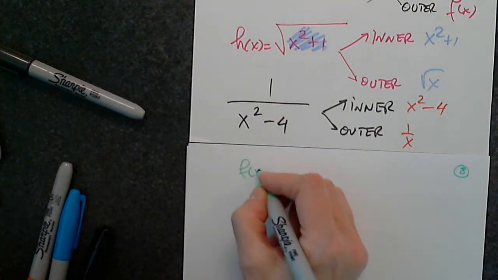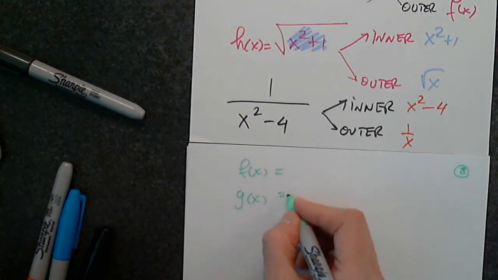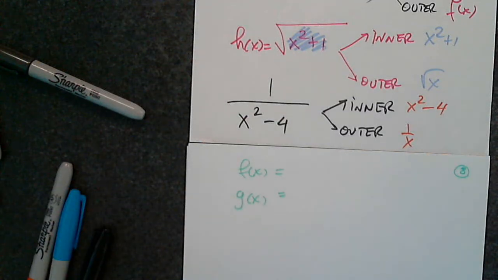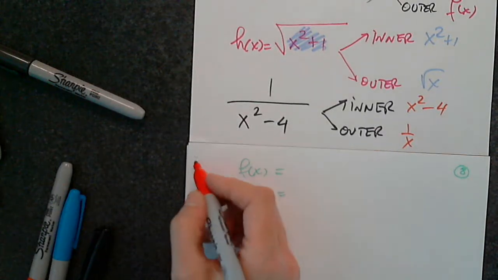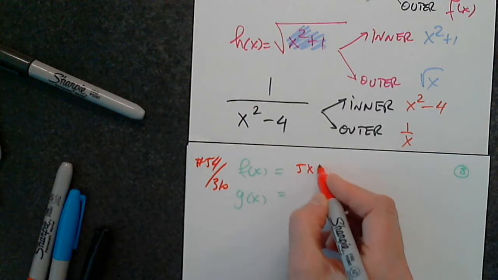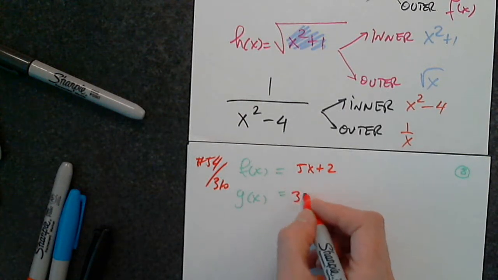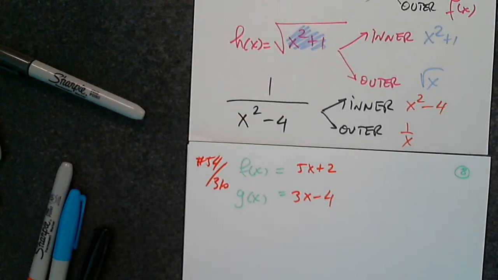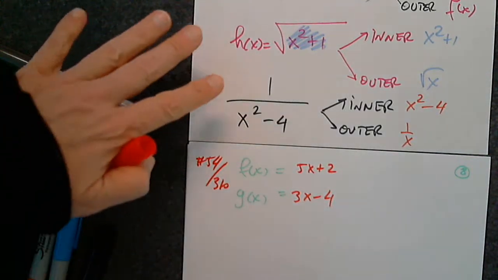So now let's look at an example in which we are given f of x and g of x. And we will look at function composition on page 310. Let's say, I don't like any of these. But anyway, so let's look at 54. 310. We are given f of x, which is 5x plus 2, but they are good enough. And g of x, 3x minus 4. They want us to find the following.